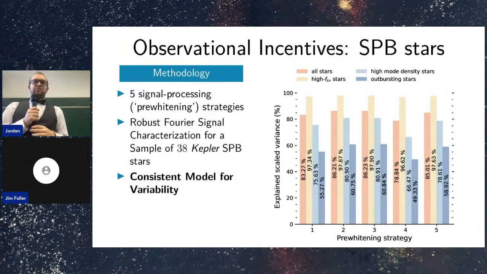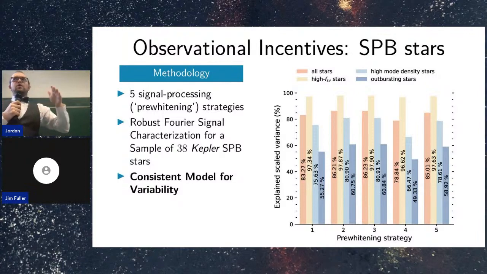and subjected these variation curves to 5 signal processing strategies, also called pre-whitening strategies, to then obtain a robust characterization of these parameters after subjecting them to a Fourier analysis.